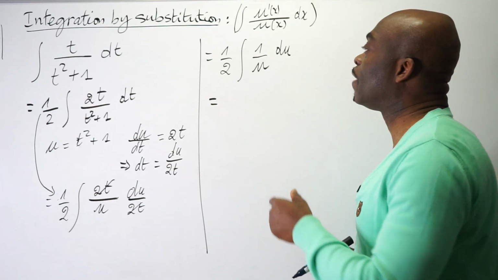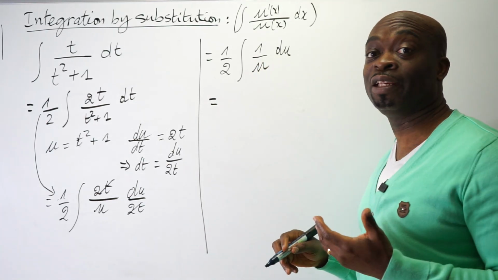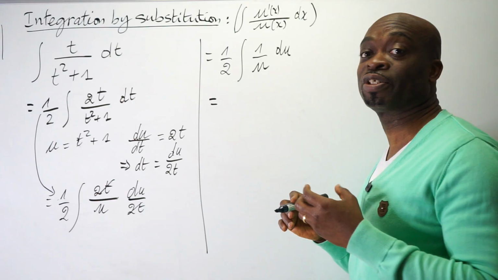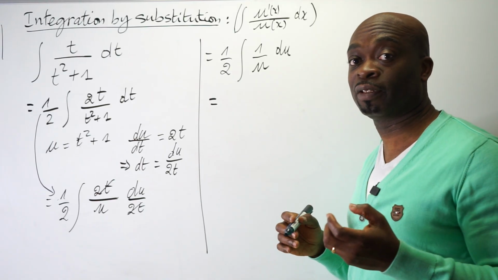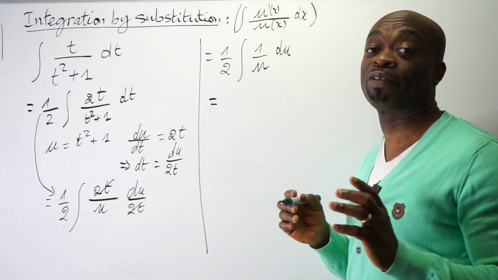Now we have to find the integral of 1 over u. That is one that is glaring, that we should already know from our formulas.